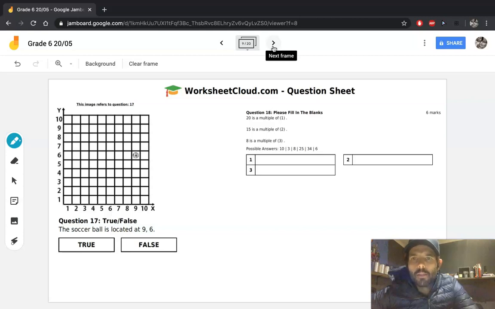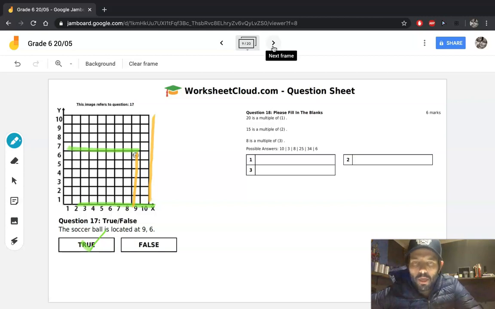So we agreed that the first digit would be the x value, that horizontal value that I've marked, and the y value is going to be this vertical value that I've marked on the right-hand side. So your first number 9, is the football in line with 9, and yes it is. And your second value 6, is the football in line with 6, and yes it is. So therefore our answer is true.